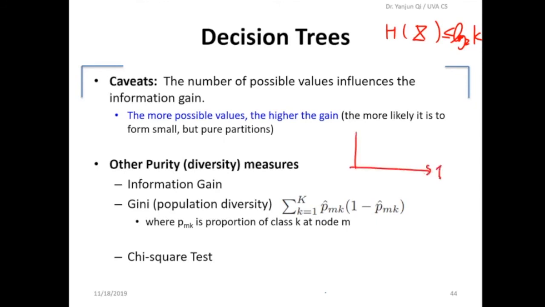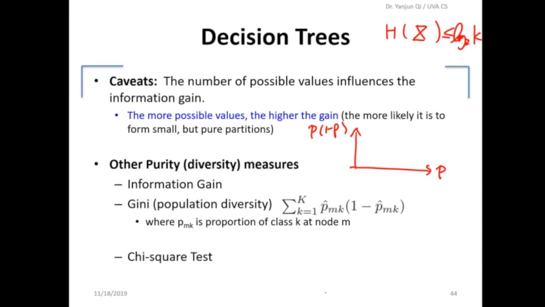What does this function look like? This is simple elementary school math, right? p is on the x-axis and y is p times (1 minus p). It's like this shape, right?